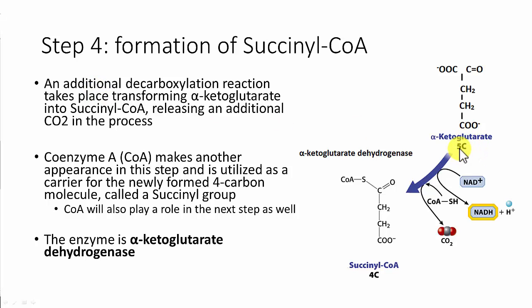We're going to take alpha ketoglutarate and transform that into a compound known as succinyl coenzyme A. So our coenzyme carrier is going to come back and make another appearance here, carry this molecule to the next step in the process. Okay, so it now becomes succinyl coenzyme A. CO2 is once again lost to the environment. Our remaining carbon is gone. Another NADH is generated. The enzyme here is called alpha ketoglutarate dehydrogenase.